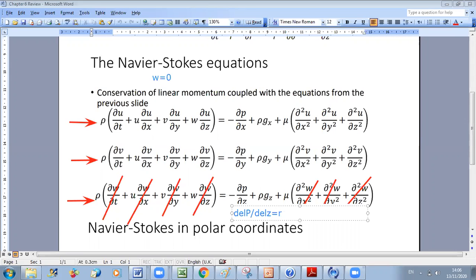And if we are in the case of z in the vertical direction, gz is equal to minus g. So it will give me minus rho g. So this is the relation along the z direction.